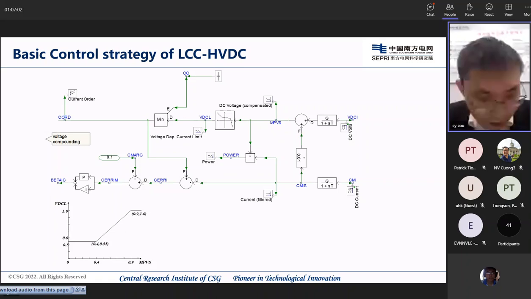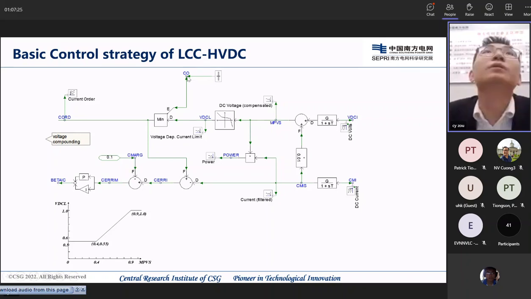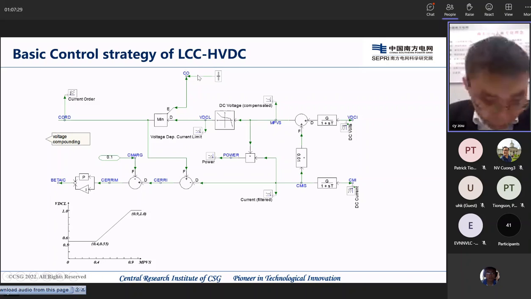But if the DC voltage is lower than 0.4 per unit, the current order will not continue decreasing, in order to prevent overvoltage during recovery time. The minimum of the VDCOL current order, VDCL, and the current order CO from the system dispatcher will become the real current order for the DC system. This is the current order from the dispatcher, CO.